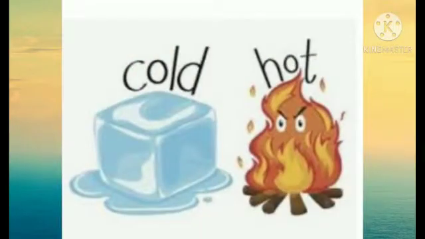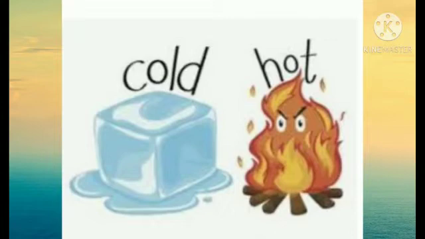When a hot object is kept in contact with a cold object, they both exchange heat. The hot object gives away heat while the cold object absorbs the heat. Thus, the temperature of the hot object decreases while that of the cold object increases.